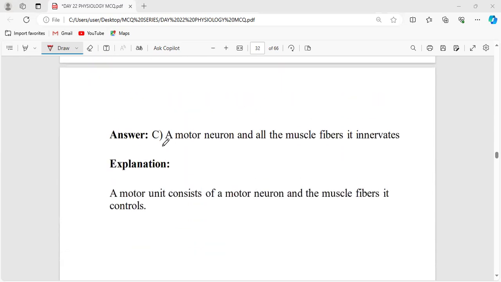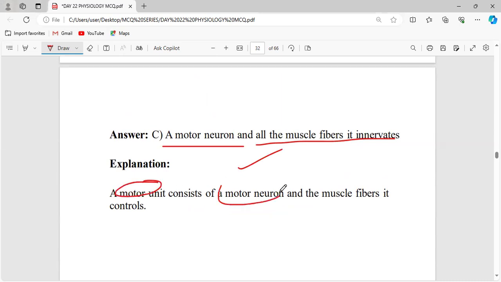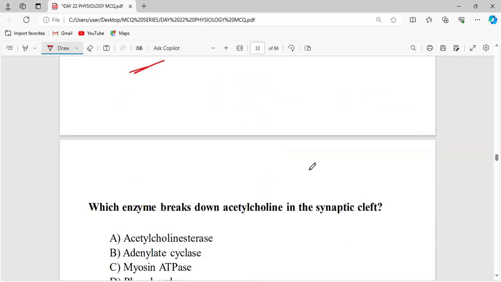That will be a motor neuron and all the muscle fibers it innervates. A motor unit consists of a motor neuron and the muscle fibers it controls, right?